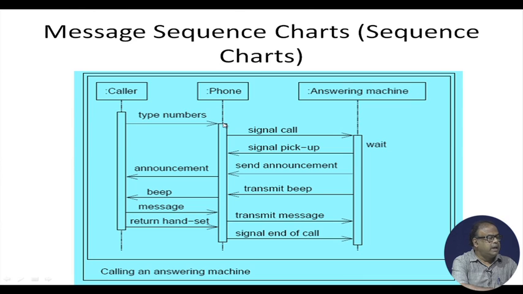The phone gets that and signals the call. The answering machine waits and signals pick up. Some time has elapsed, no one has picked up. Now, while I describe this, the horizontal direction where this mouse pointer is moving is the space, and the vertical direction is the time. All right. So, it waits for some time.